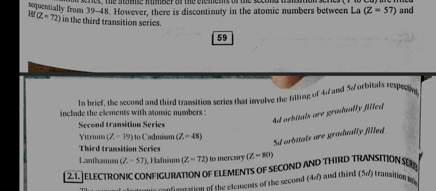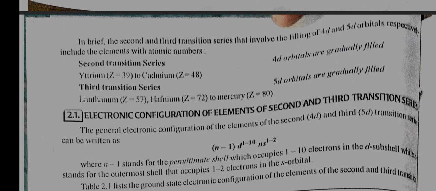In brief, the second and third transition series that involve the filling of 4d and 5d orbitals respectively include the elements with atomic numbers: second transition series, yttrium having atomic number 39 to cadmium having atomic number 48, in which 4d orbitals are gradually filled; third transition series, lanthanum having atomic number 57, hafnium having atomic number 72 to mercury having atomic number 80. In this, 5d orbitals are gradually filled.